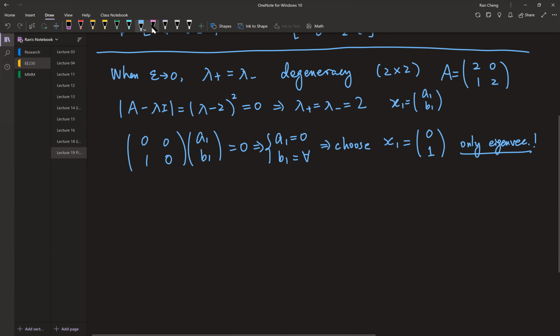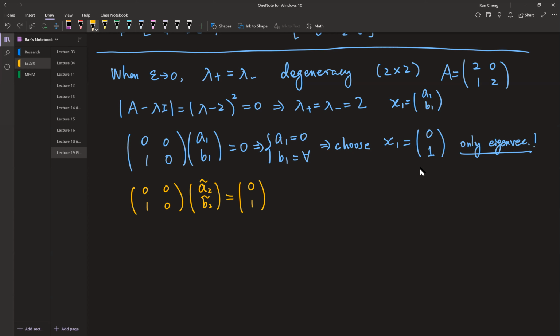So then we need to go to the generalized eigenvector by solving A minus lambda I, the same thing. Now we give it an x2, which is a2 and b2, with a tilde to differ from the ordinary eigenvector. And we want to set this not to 0, but to x1, which is 0, 1, as we had already written down.